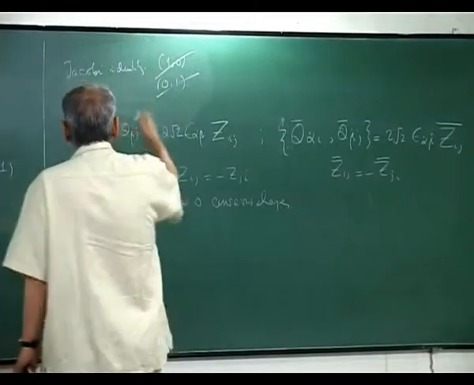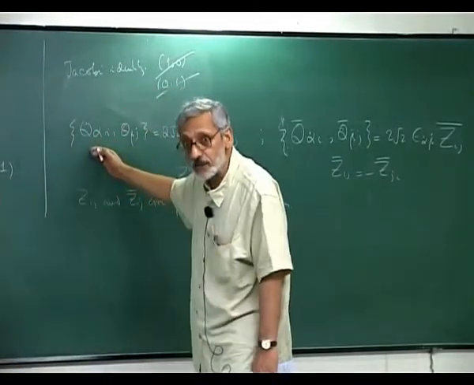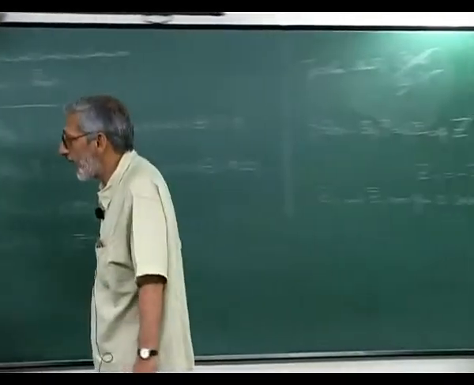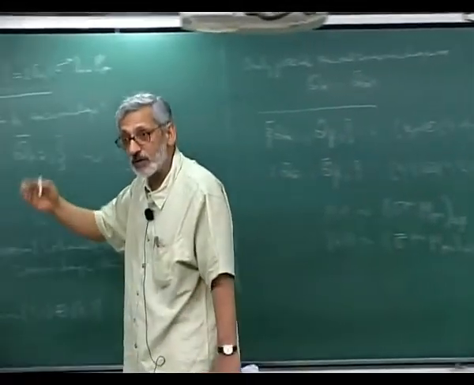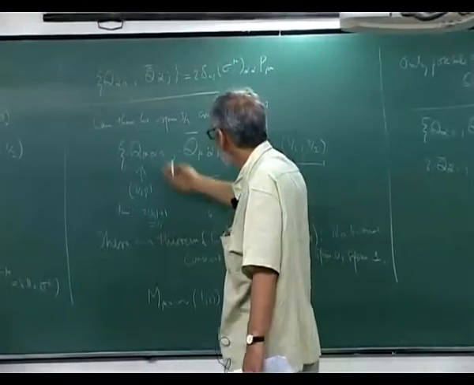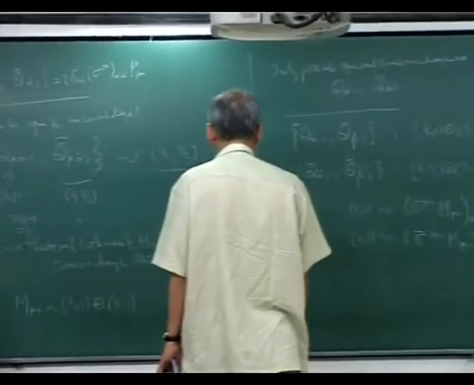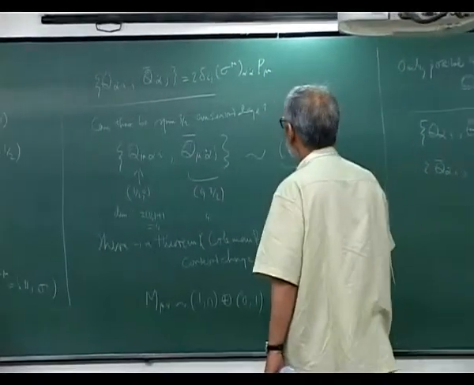So if nature has spin half conserved charges, and N of them, I goes 1, 2, 3, 4, up to N, then their algebra is, why did I write it? Somewhere I wrote it. Yes, here.